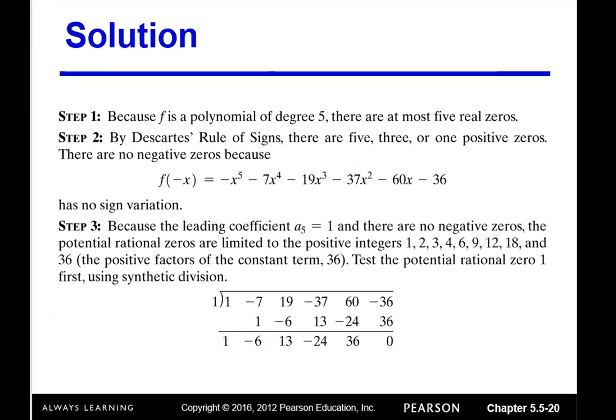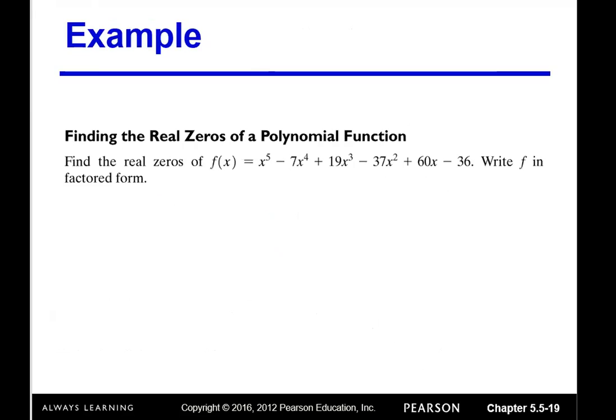By Descartes' rule of signs, let's look at the first one. It goes from positive to negative. That's one variation. It switches from negative back to positive. That's a second variation. From positive to negative, there's a third.